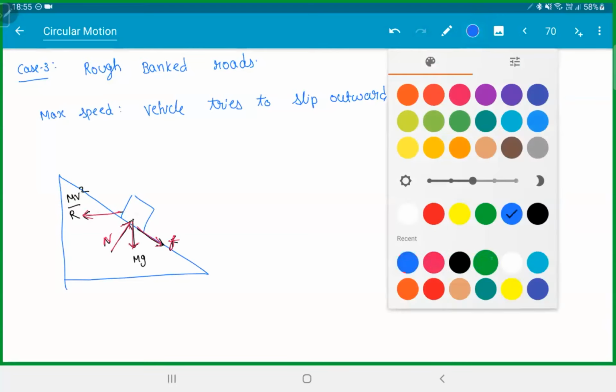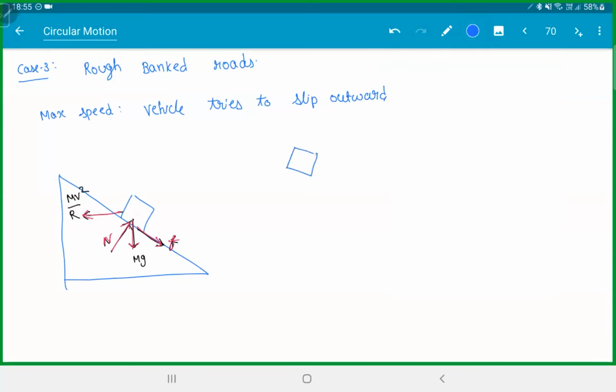So if you resolve these forces, we get friction, mg sine theta, mg cos theta, normal reaction, and the centrifugal force will also have a component. This is where people will mess up, so be careful. mv square by r cos theta, and mv square by r sine theta.